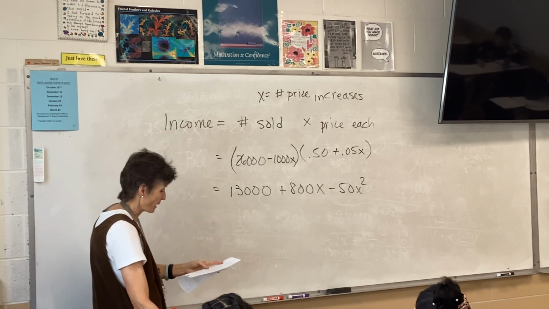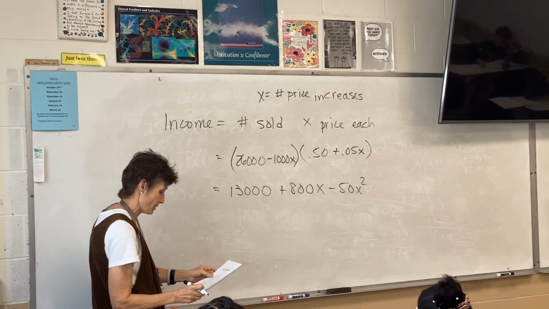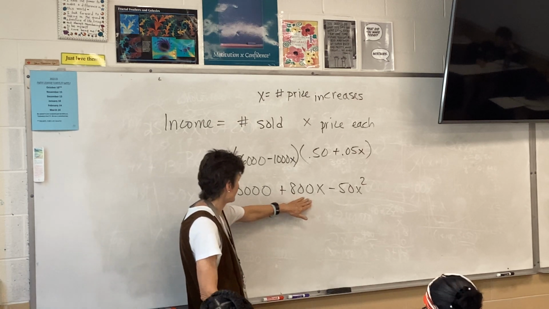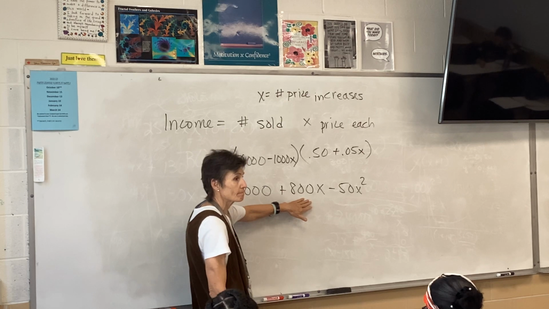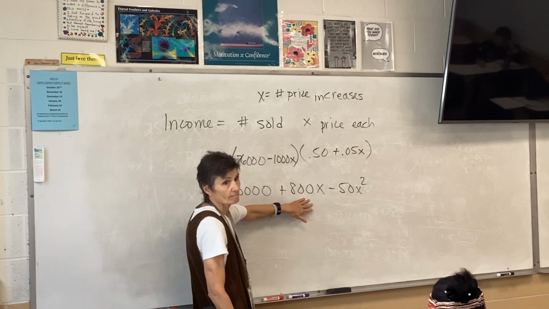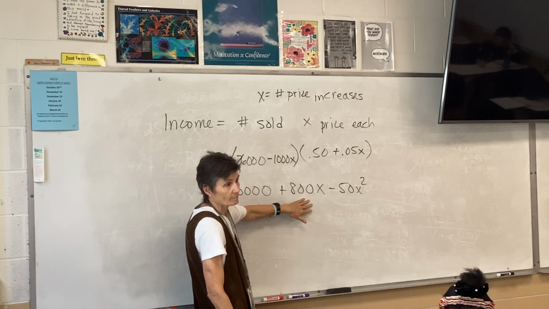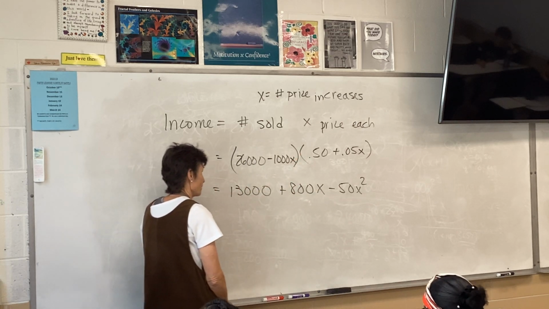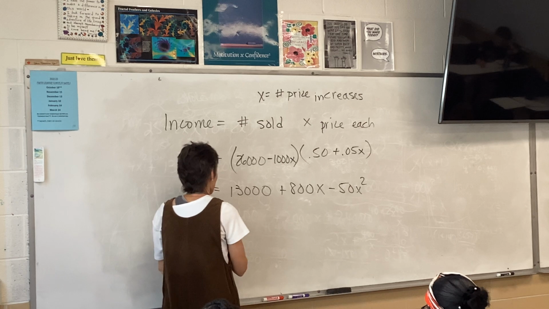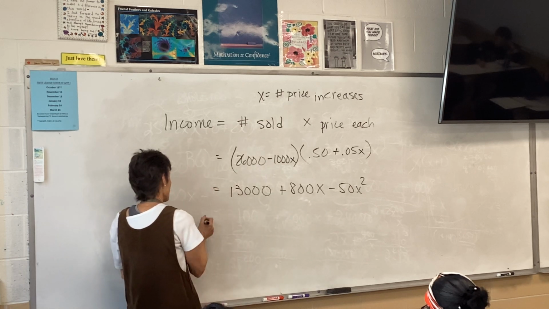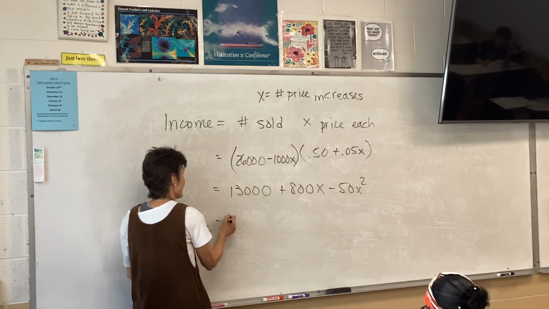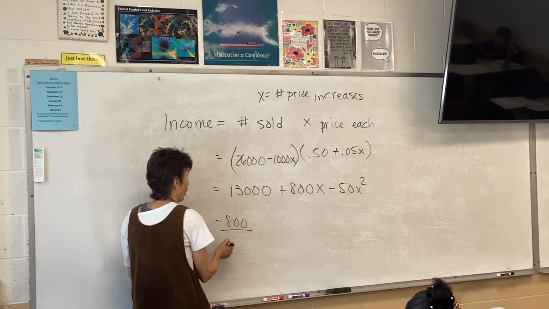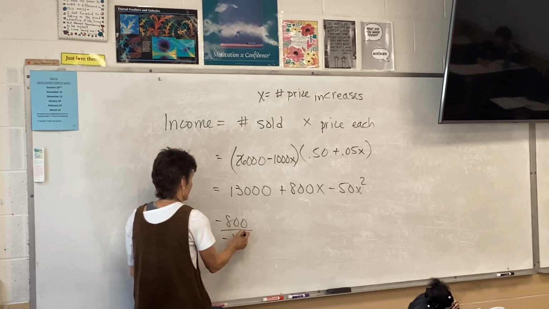Okay, that's what I got when I multiplied it out. Did anybody else get 800 here in the middle? Anyone? Yeah, thank you. Okay, I need the maximum, so x equals negative b over 2a.